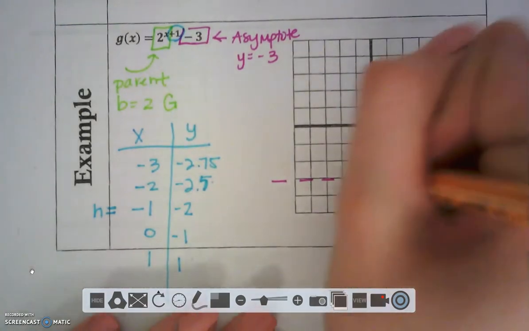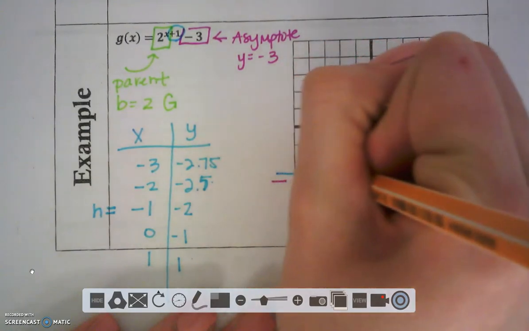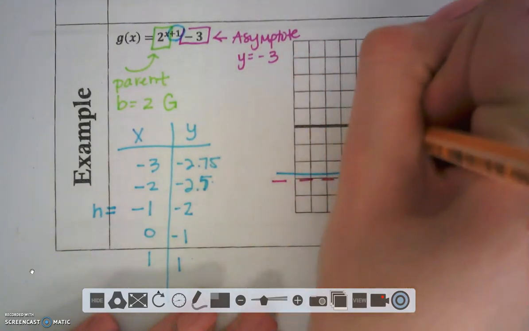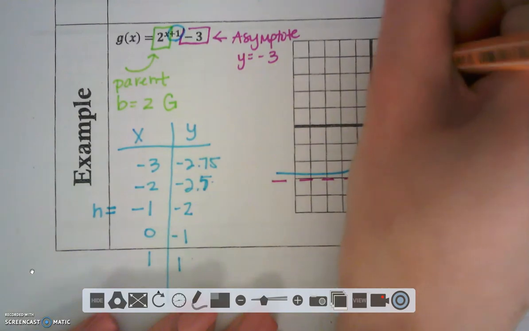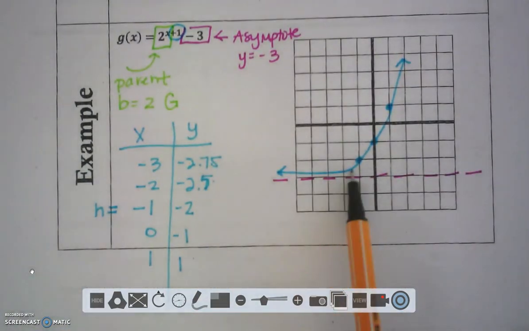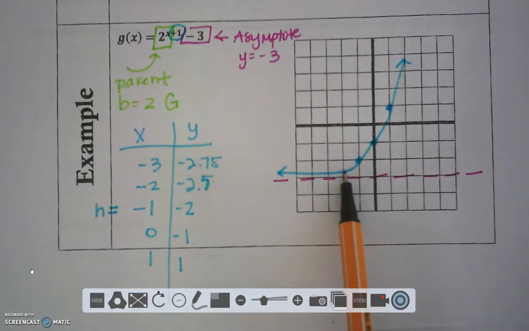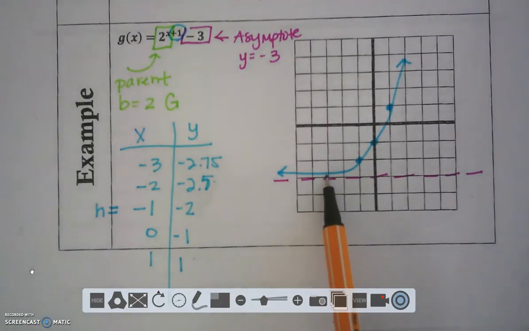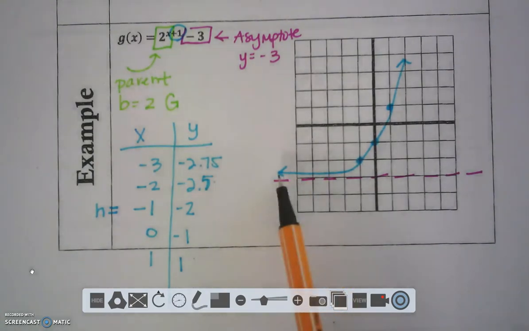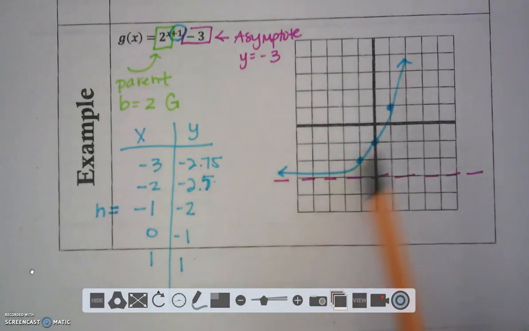When we graph this curve, we're going to get super, super close to that asymptote, and then we're going to connect our points. By getting super close to the asymptote, we're kind of accounting for that negative 2.5 right there. That negative 2.75 is a little bit lower. So we're just going to get really close to account for these decimals and connect my points into a curve.